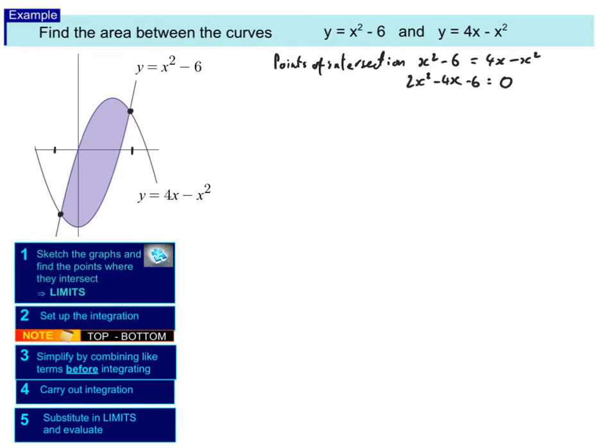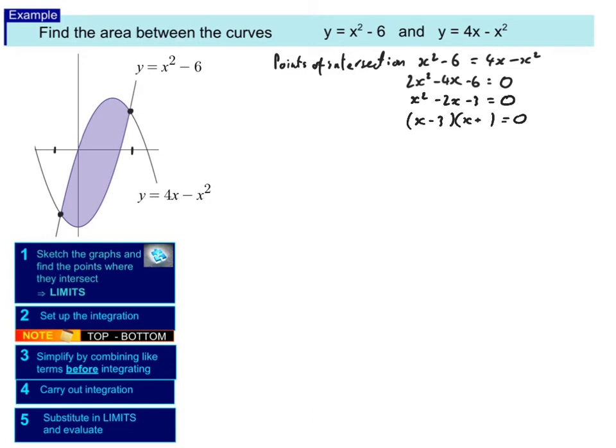I'm going to factorise and solve that equation. So the easiest way to factorise this, I'm going to divide everything by 2. So that'll give me x squared minus 2x minus 3 equals 0. So dividing the right hand side will still give me that 0. It's a unitary quadratic, it's 1x squared, so I should be able to just jump straight to its factorised form.